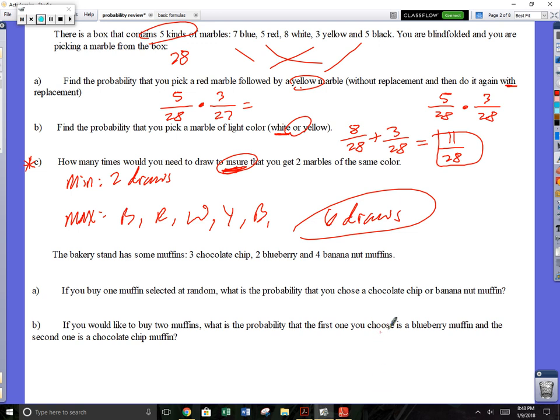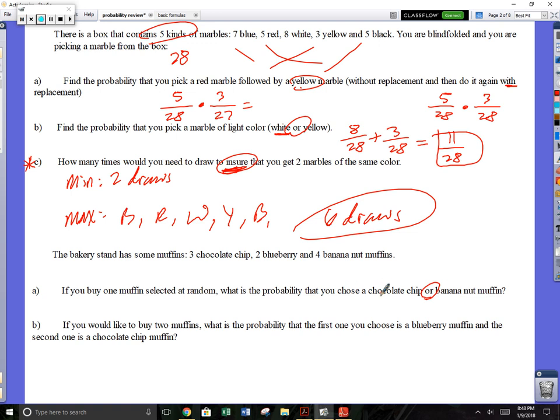Okay. A bakery stand has some muffins, 3 chocolate chip, 2 blueberry, and 4 banana nut muffins. So if you buy a muffin at random, what's the chance that you choose a chocolate chip or banana nut? So we've got a lot of ors going on here.